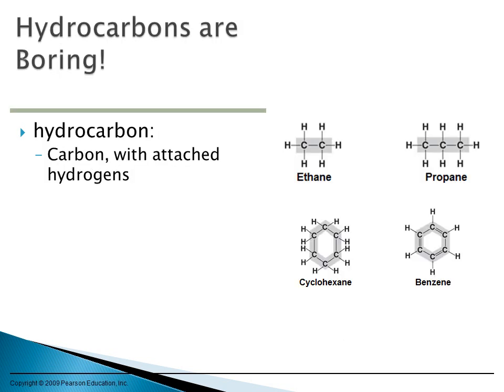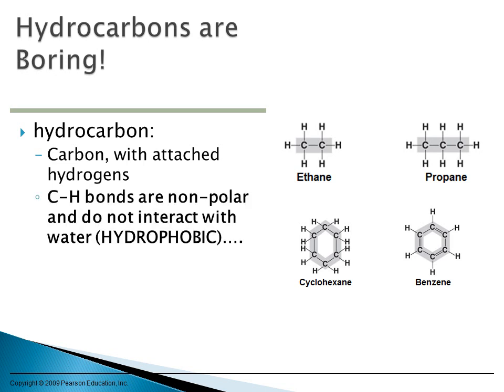So as we continue to look at carbon, whenever we see a carbon bound to hydrogens, we call this a hydrocarbon or a hydrocarbon chain. Carbon with attached hydrogens. These molecules are actually pretty boring. If we remember, carbon-hydrogen bonds are nonpolar.